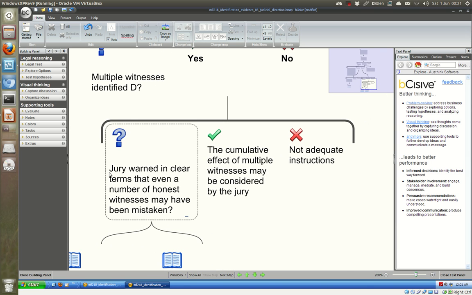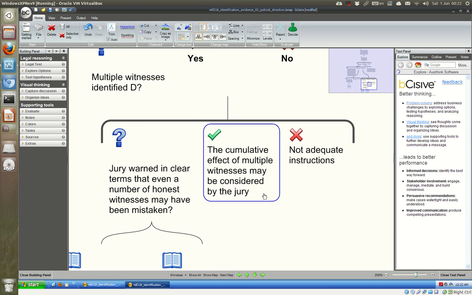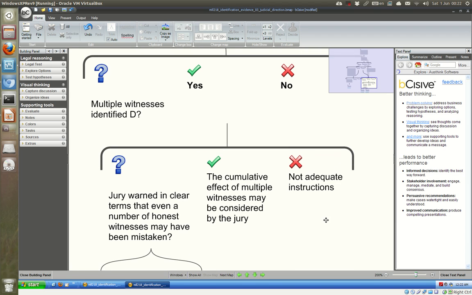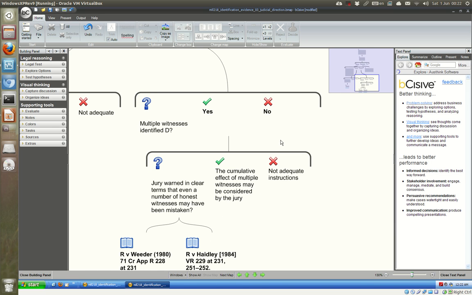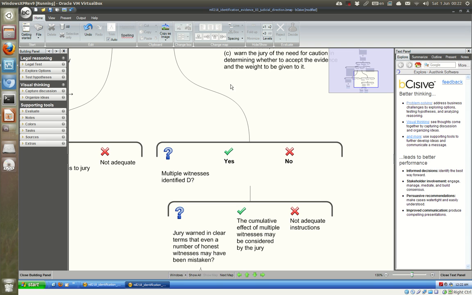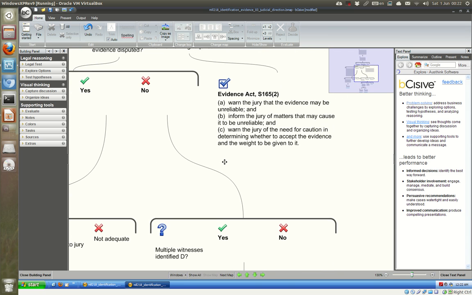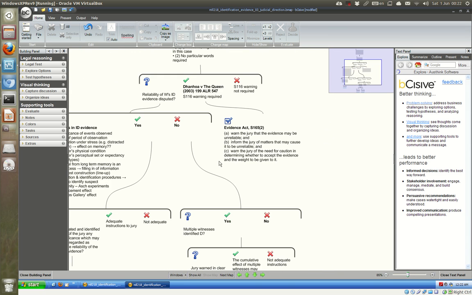But as long as the jury has been given this clear warning, they may consider the cumulative effect of multiple witnesses positively identifying the accused. So obviously if a few people identify the accused, it's more persuasive than just one person identifying the accused.